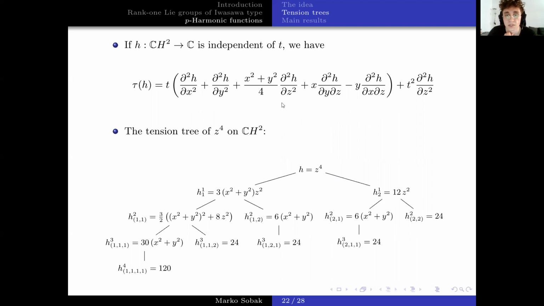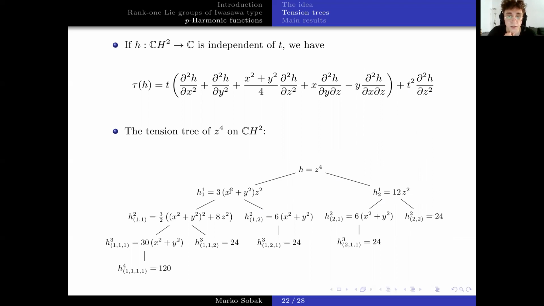So this thing will be 3 times x squared plus y squared times z squared. And that's your first child. The first child is the coefficient next to the first power of t. And then the second child is the coefficient next to the second power of t. Here we take just the second derivative with respect to z, so this will be 12z squared. And now we iterate this.